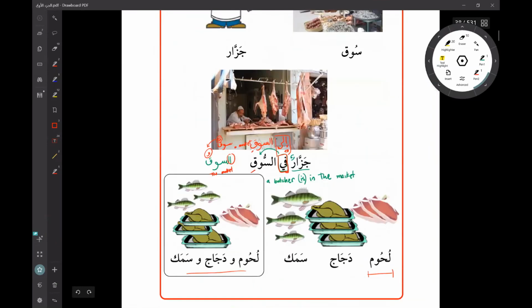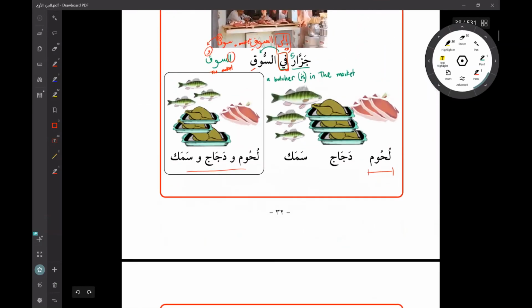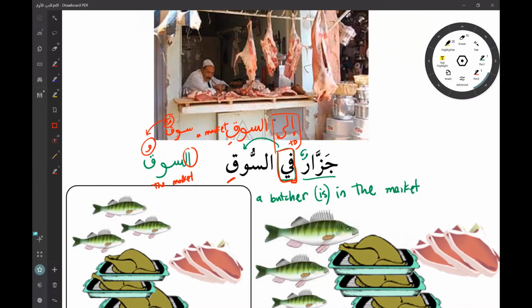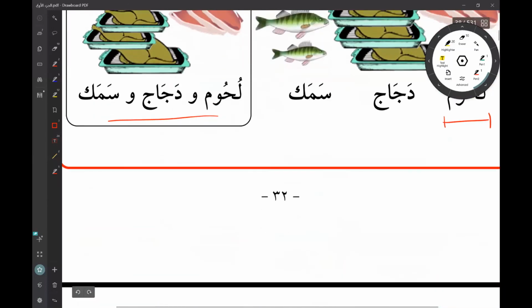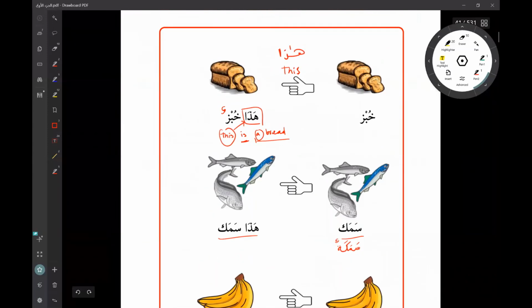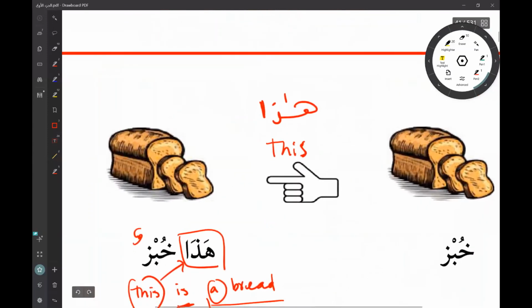And then we learned something about harful jar, preposition, right? That after a preposition, we have kasra. We cannot have dhamma anymore, right? Instead of as-suqu, when we say fi, you have to say as-suqi. Okay, good. And then we learned also ismul ishara, which is hadha, this, right?